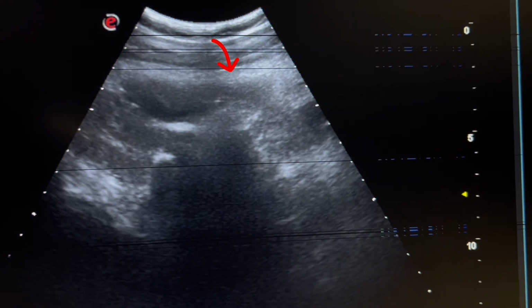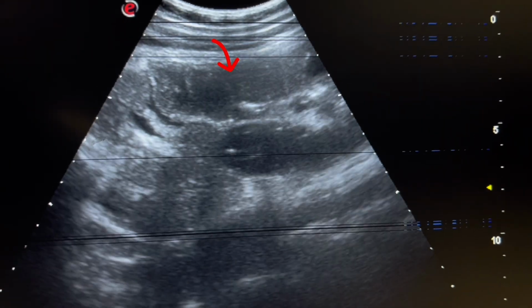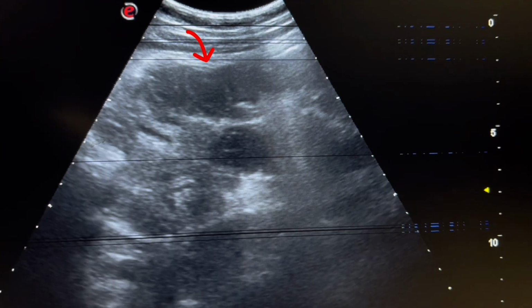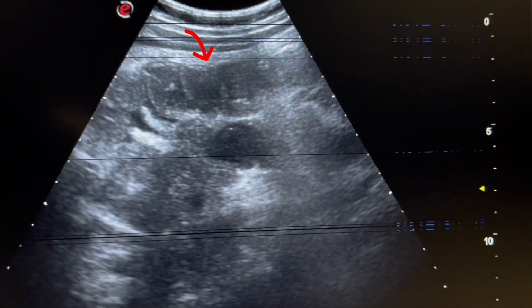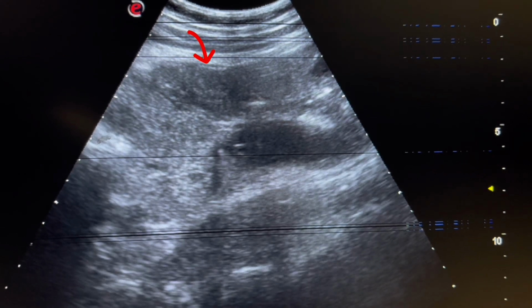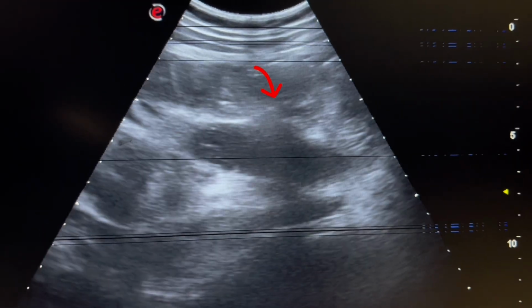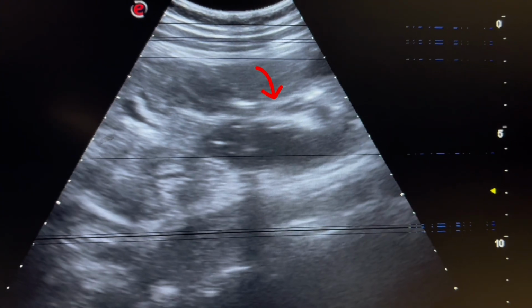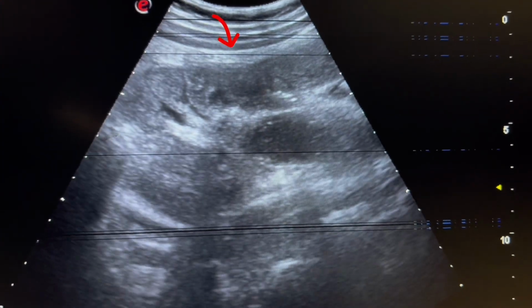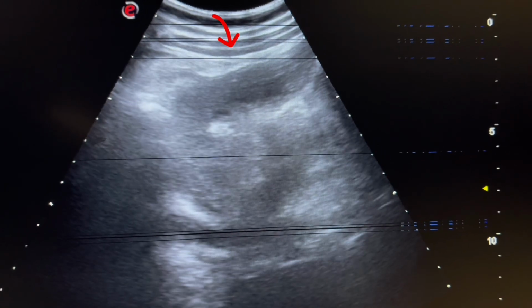Now we continue sliding to scan the ascending colon. Here we see the walls of the ascending colon are thickened. These are gases in the ascending colon. Now we continue sliding to the hepatic flexure.